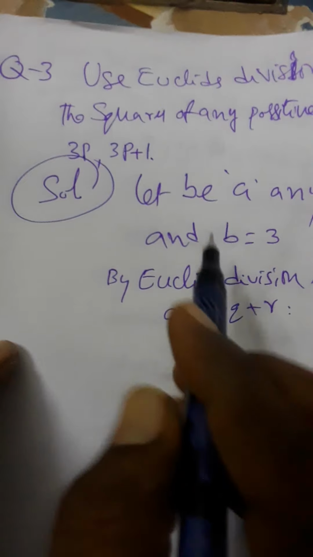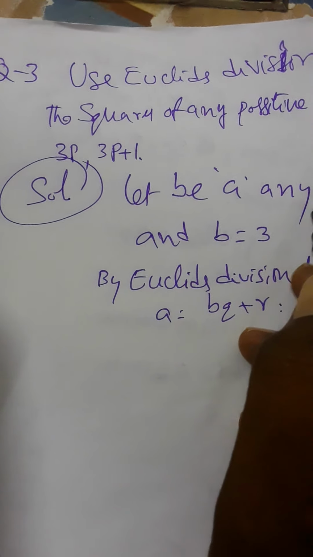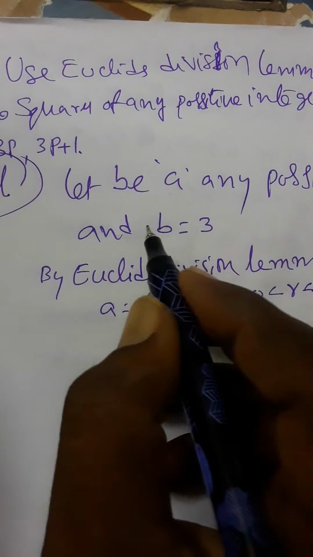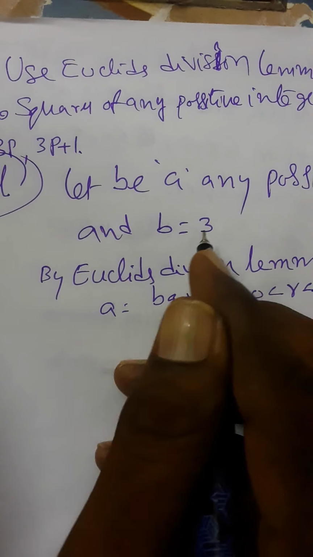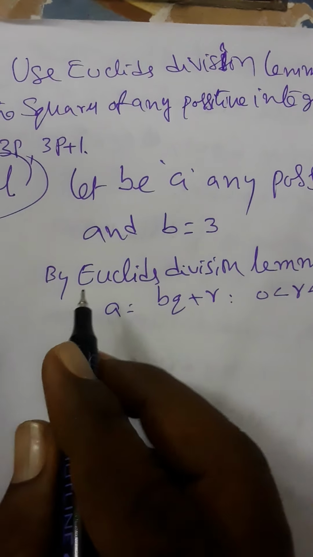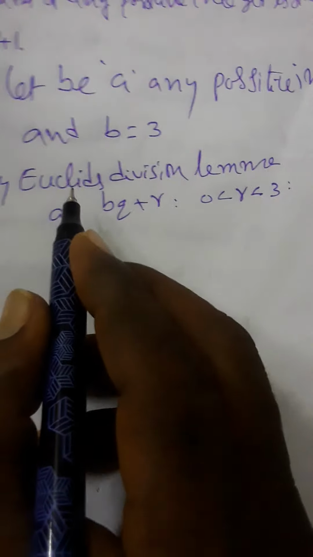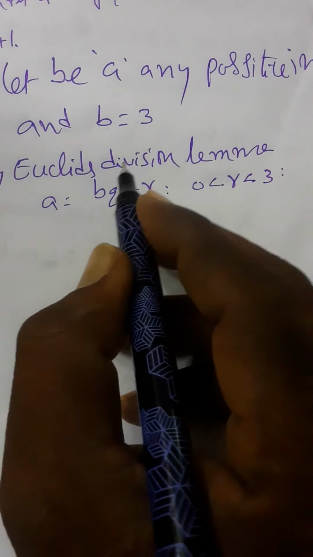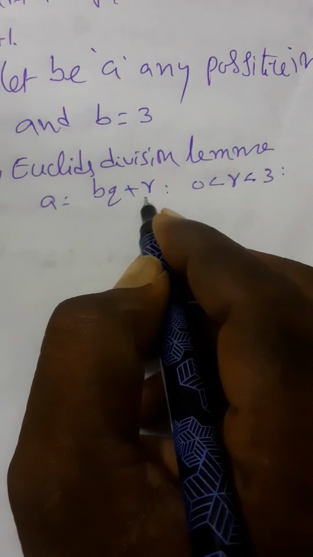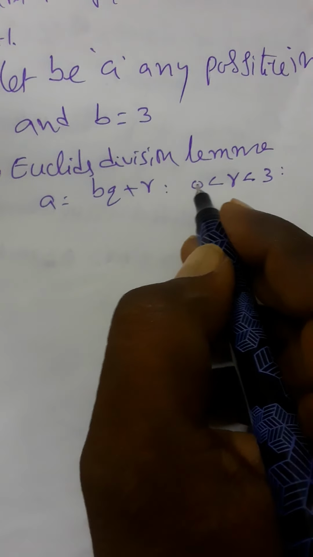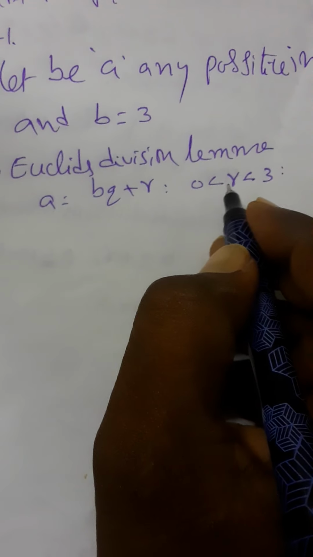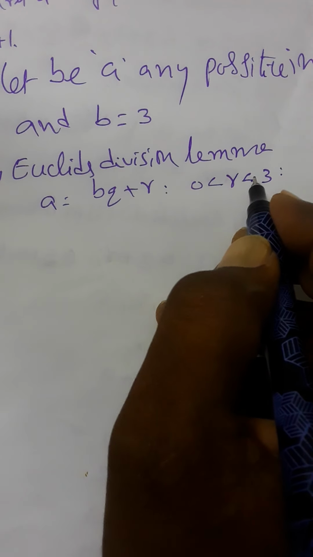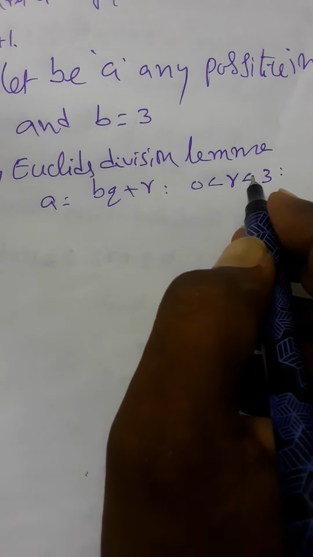Solution: let a be any positive integer and b equal to 3. So by Euclid's division lemma, a equals bq plus r, where 0 is less than or equal to r, less than b.